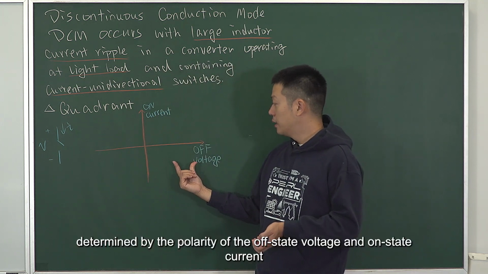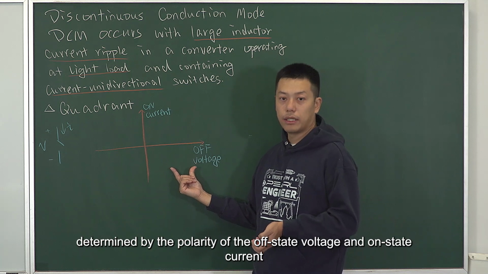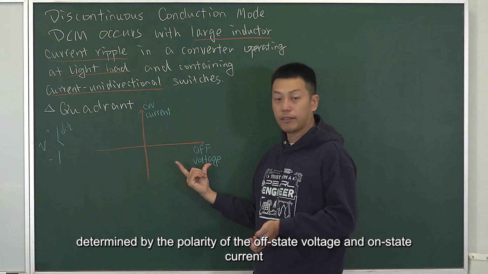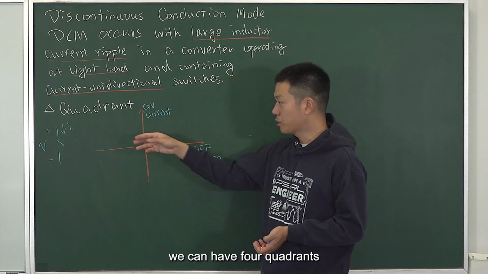Determined by the polarity of the off-state voltage and on-state current, we can have four quadrants.